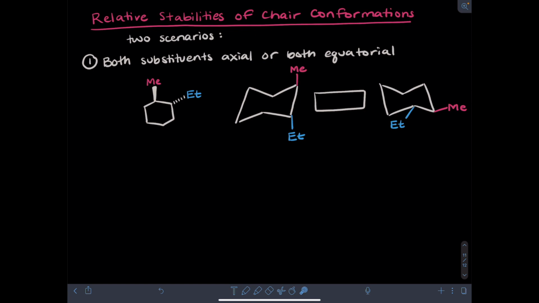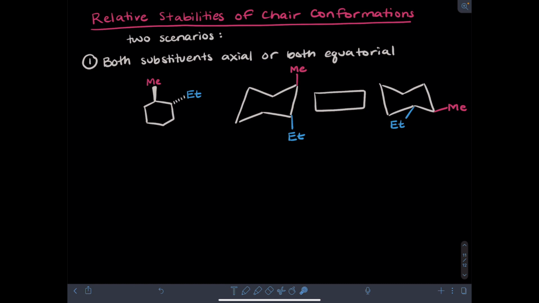I was careful to put the methyl and the ethyl on neighboring carbons. The methyl is always pointed up because it is a wedge. So in one chair conformation, it's axial up. In the other chair conformation, it's equatorial up. Then the ethyl group is always down because it's a dash. In one chair conformation, it's axial down, and in the other, it's equatorial down.